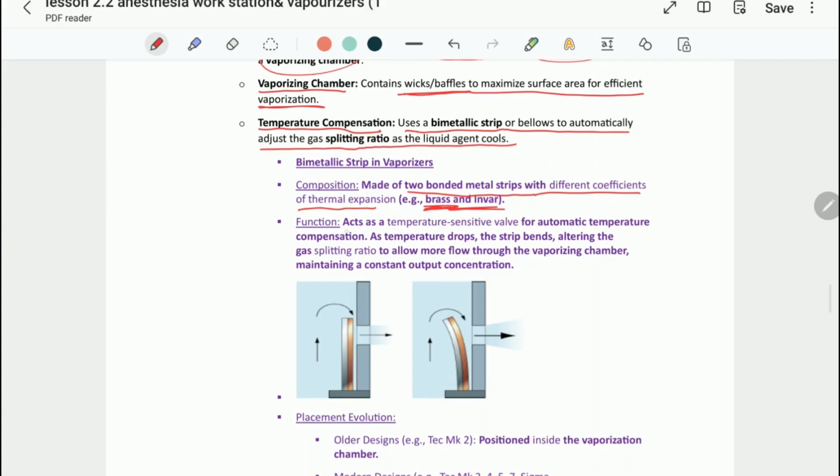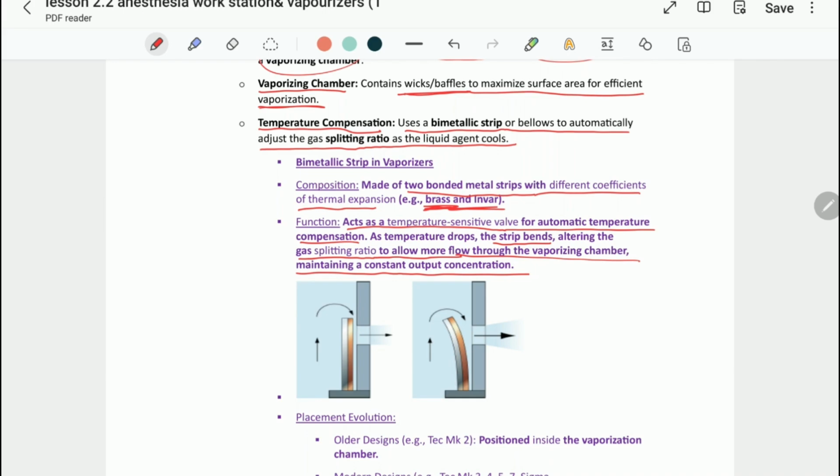It acts as a temperature sensitive valve for automatic temperature compensation. As the temperature drops, the strip bends, altering the gas splitting ratio to allow more flow through the vaporizing chamber, so maintaining a constant output concentration.